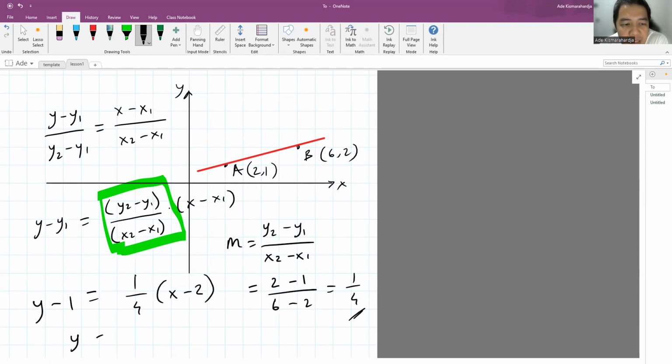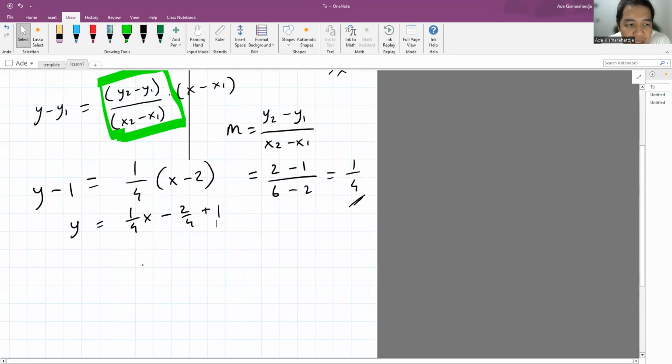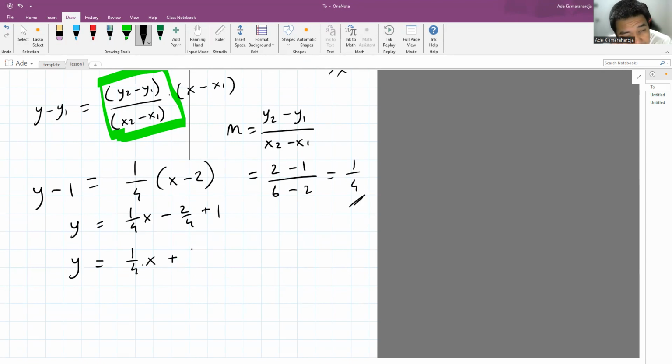Now we get the equation of the straight line: 1/4x minus 2/4, and then plus 1. So the line has equation y equals 1/4x plus 1/2. That's the equation of the straight line.